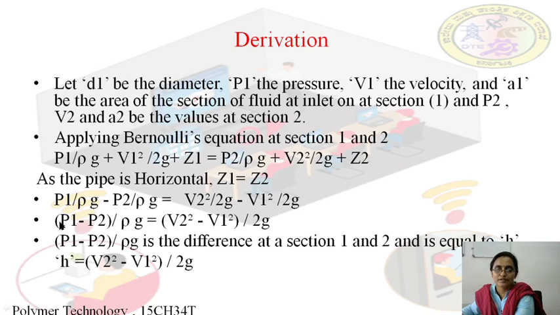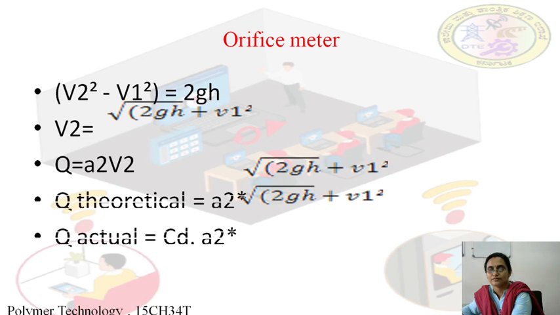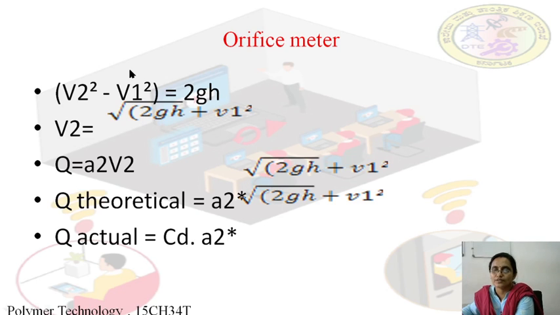Here P1 minus P2 by rho g is taken as H. H is equal to V2 squared minus V1 squared by 2g. So we have V2 squared minus V1 squared equal to 2gH.